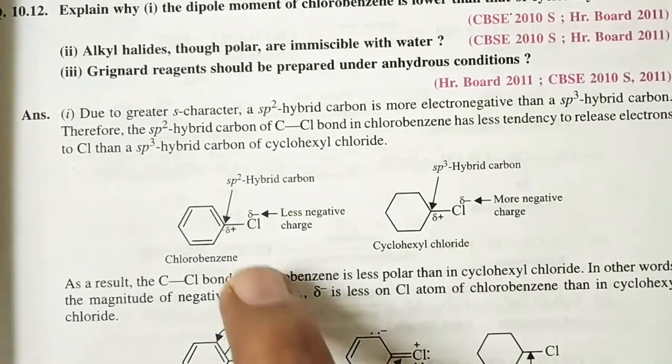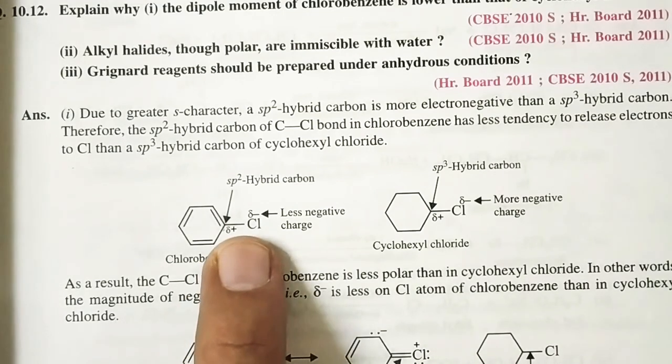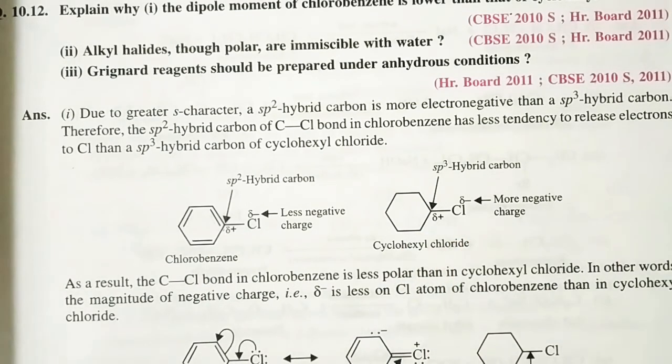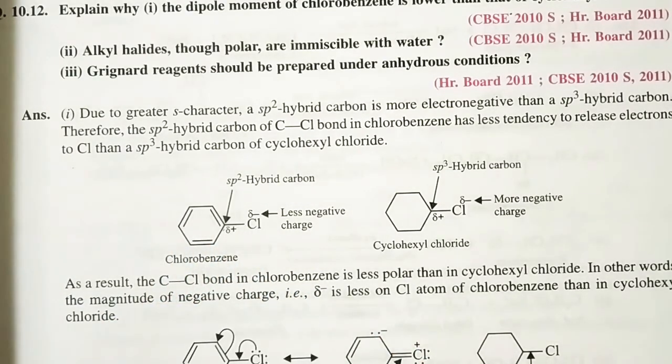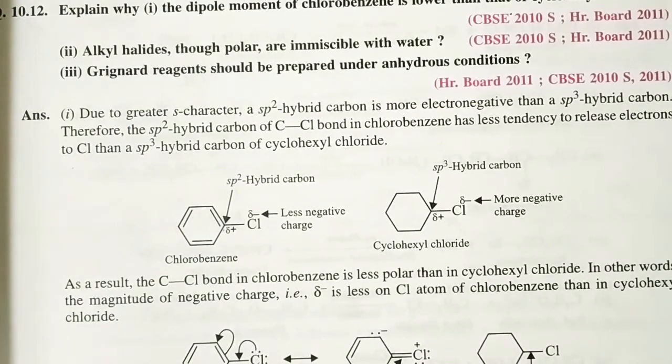In other words, the magnitude of negative charge, delta minus, is less on the chlorine atom of chlorobenzene than in cyclohexyl chloride, right? In chlorobenzene, there is a partial double bond character, so there is less delta minus. So with less delta minus, chlorobenzene has a lower dipole moment than cyclohexyl chloride.